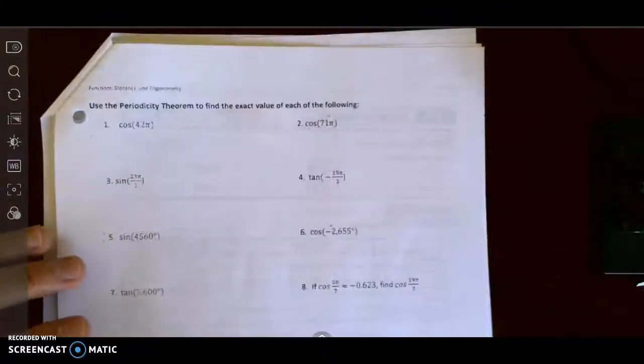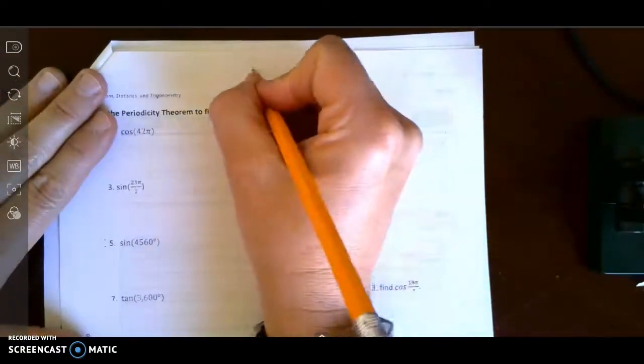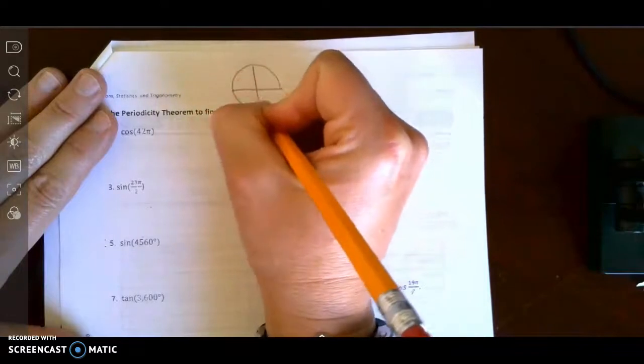We're going to use that periodicity theorem, and the whole idea of the periodicity theorem is to figure out, if I'm asked to find the sine, cosine, or tangent of an angle that's not on my unit circle that goes from 0 to 2 pi, where on the unit circle would it be? For instance, I'm going to draw a little sketch of my unit circle here.